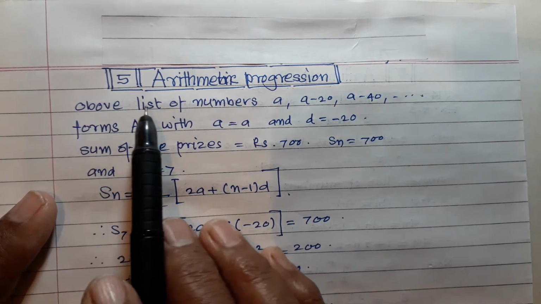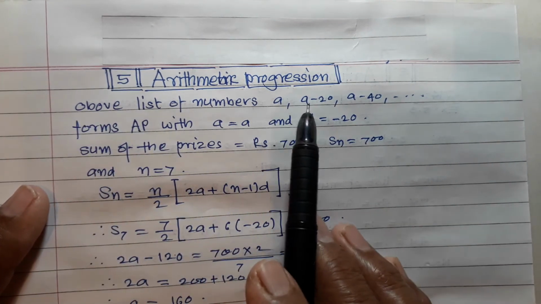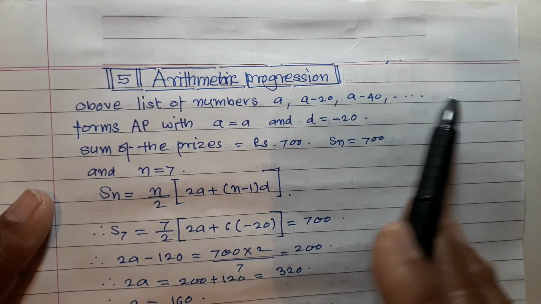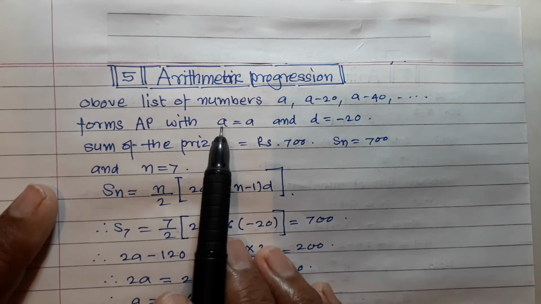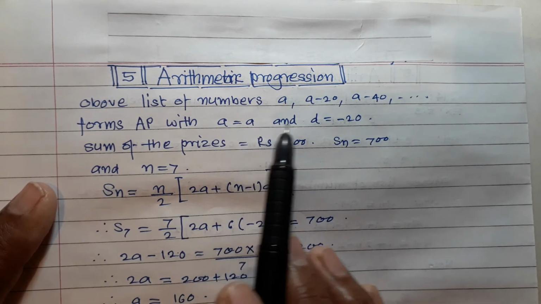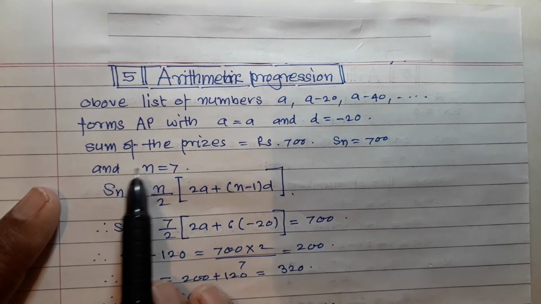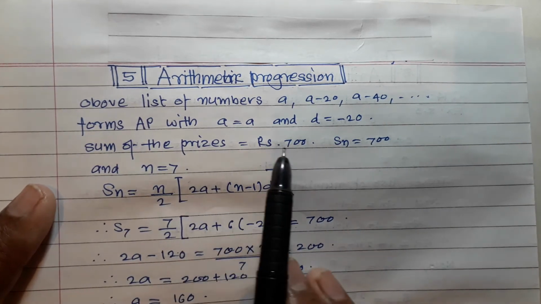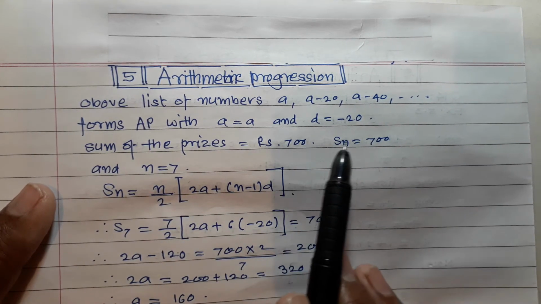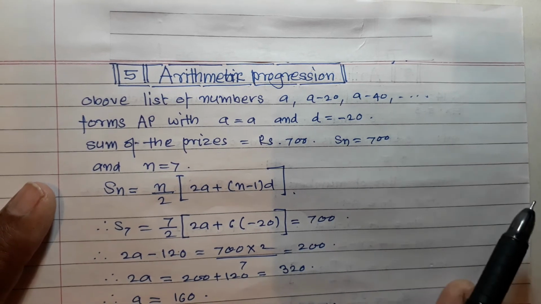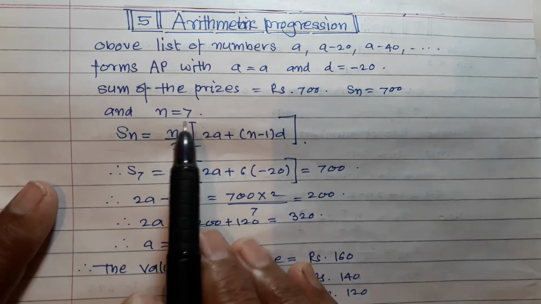So the above list of numbers a, a minus 20, a minus 40, and so on forms an AP with a equal to a and d equal to minus 20. The sum of the prizes is equal to 700, that is Sn is equal to 700 given, and n is equal to 7.